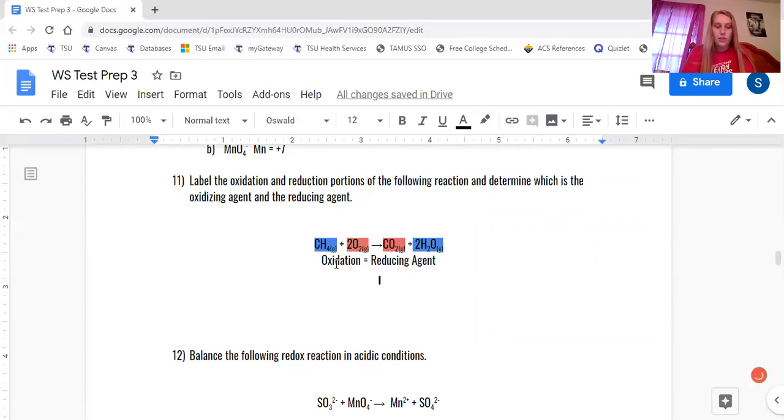And so then for the one that's reduced, the one that's reduced is the oxidizing agent.